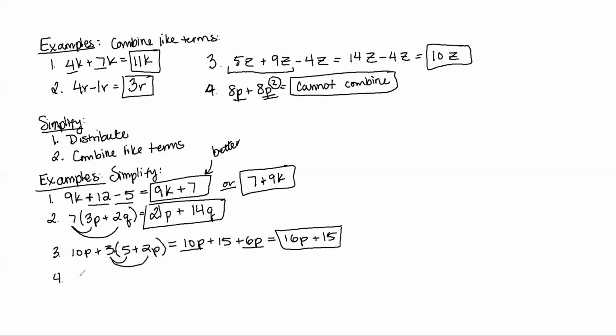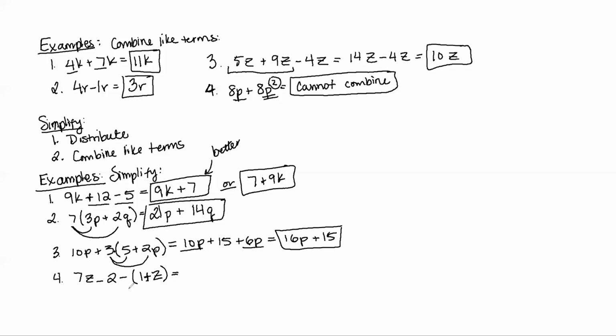Number 4, we're given 7z minus 2 minus parentheses 1 plus z. So again, we want to clear parentheses first before we start doing any addition.